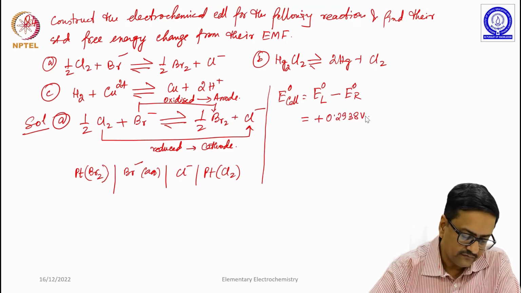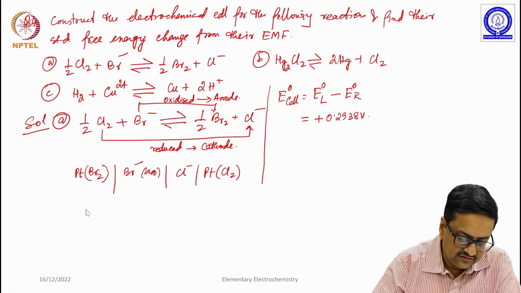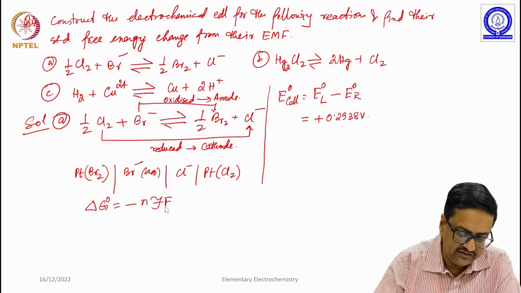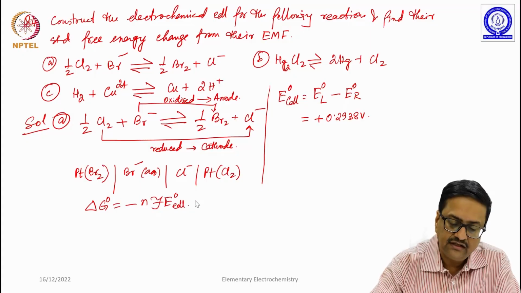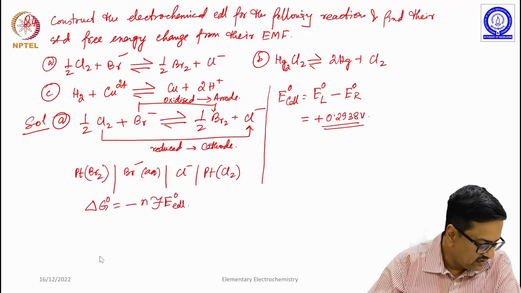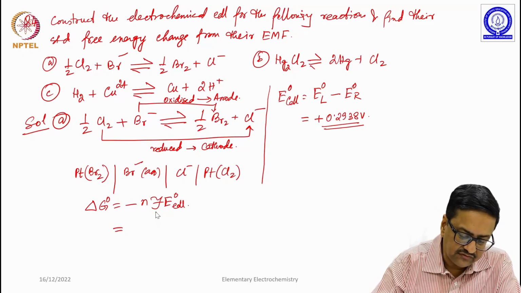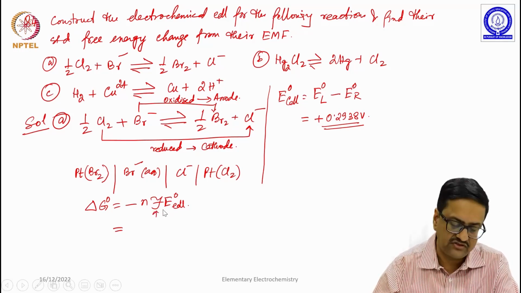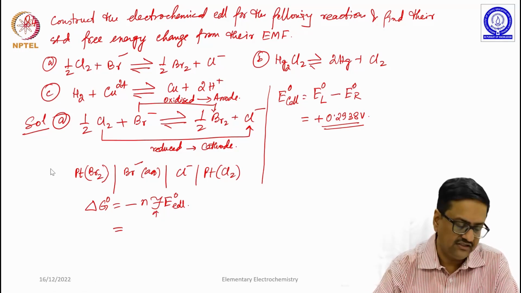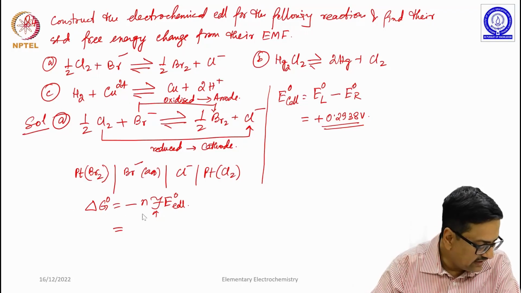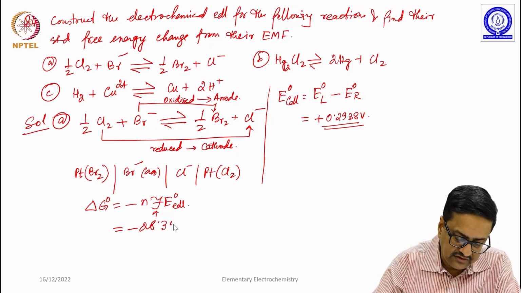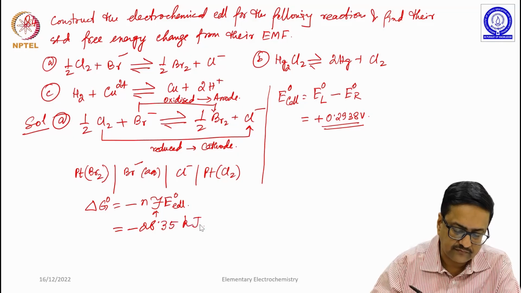you will get this to be plus 0.2938 volt. So, what we know is delta G0 is equal to minus nFE0, and this E0 is the E0 cell, which is this one. When you do that, you place the value of F as 96500 and n is a 1 electron transfer. One can easily calculate the delta G to be minus 28.35 kilojoules.